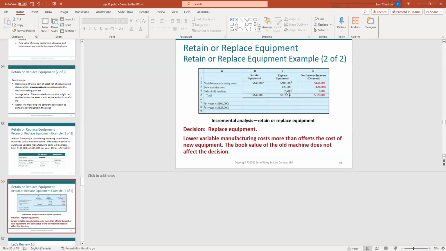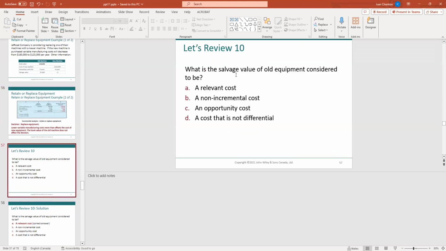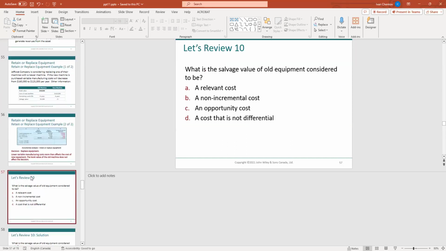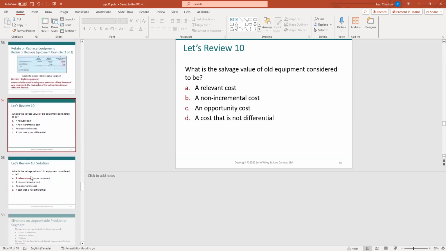But we can sell the old machine, which is going to reduce the cost of the new equipment to $650,000. For that reason, we can save $25,000. So, shall we go for it? Yes, Professor. Absolutely. Definitely. Now, what is the salvage value for the old equipment considered to be? A relevant cost.